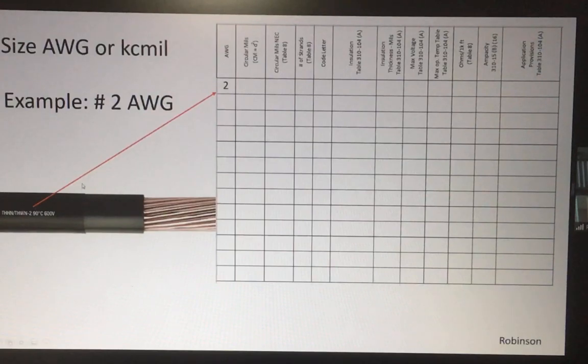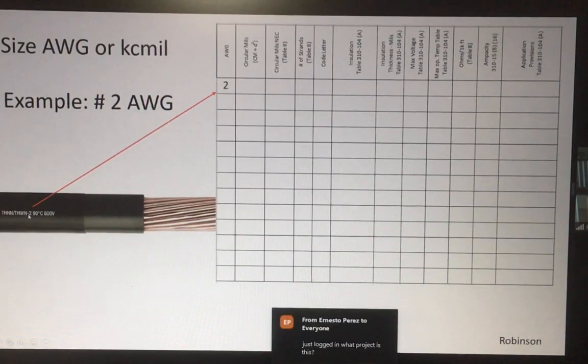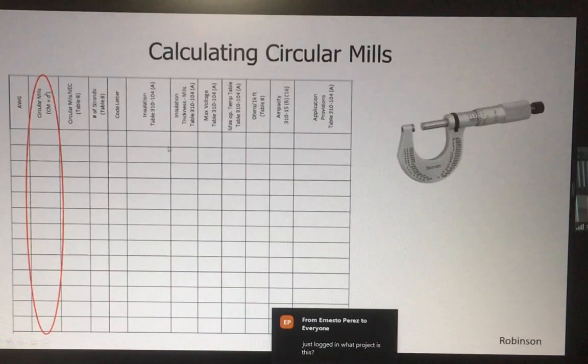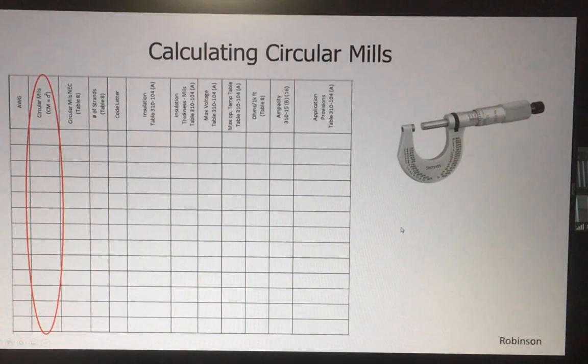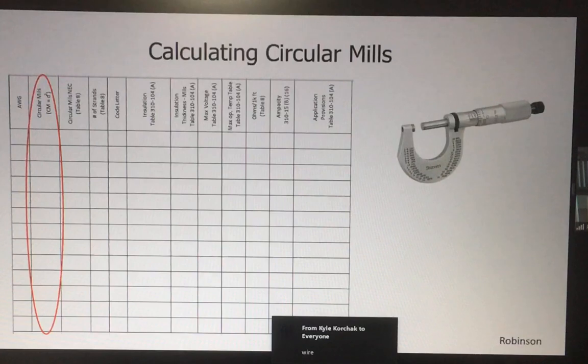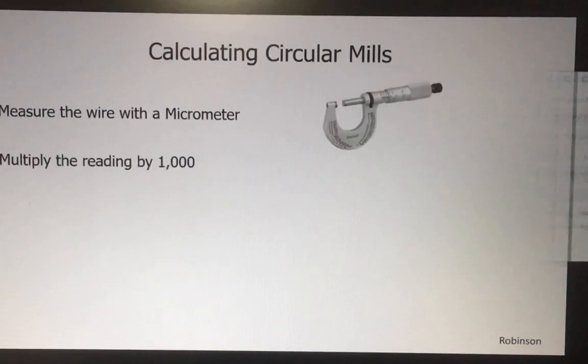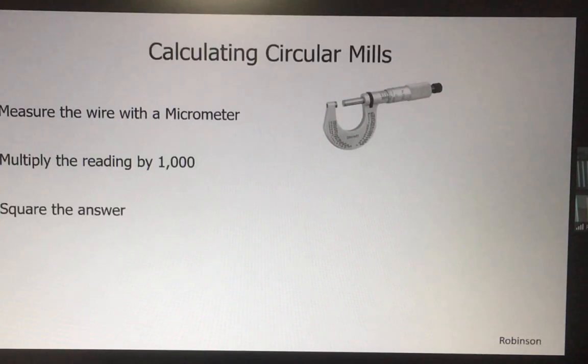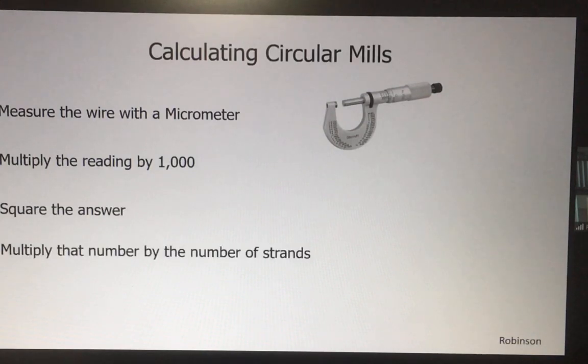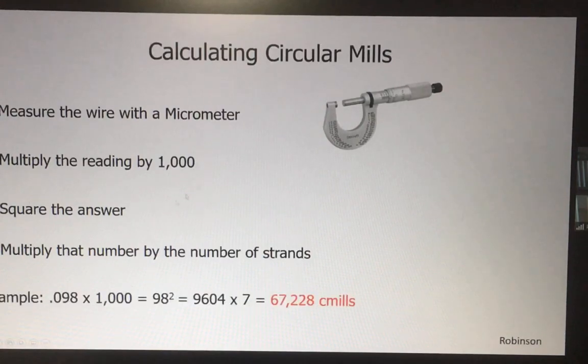Okay, so for example, this is number 2, American wire gauge, AWG. So number 2 goes there, it's on the wire itself. We're not going to calculate the circular mils, but if you were, what you would do is you would measure the wire with a micrometer, you'd multiply the reading by 1,000, you would square that, and multiply the number of strands, and you would get the circular mils.